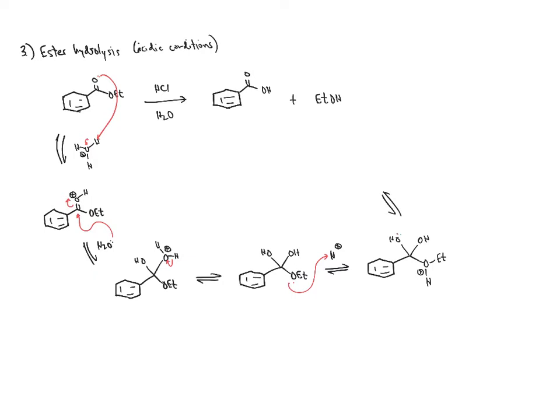Okay, now electrons can move down from that oxygen, move up onto the ethanol as a lone pair. Ethanol leaves as a good leaving group.